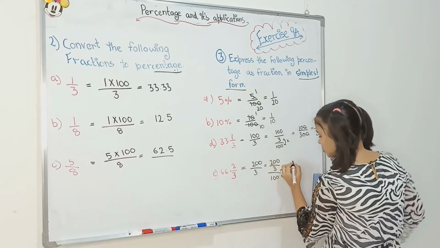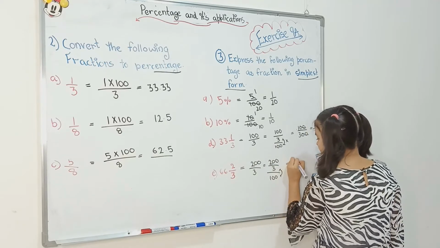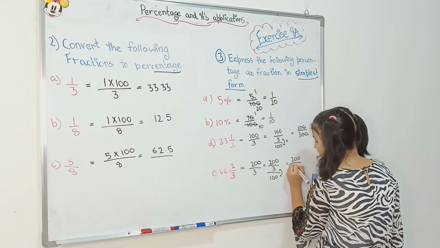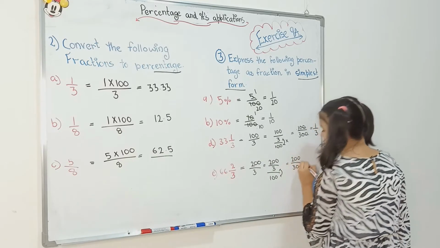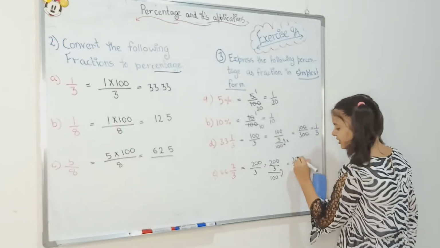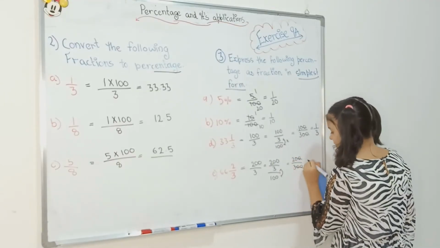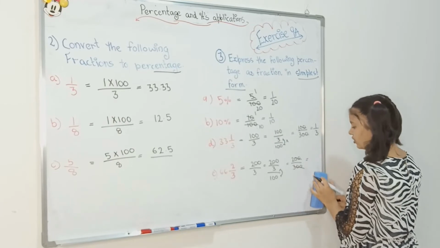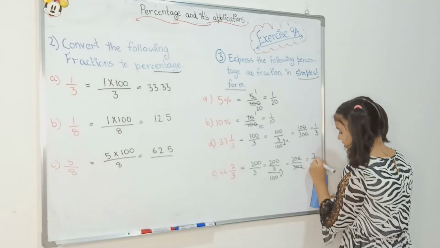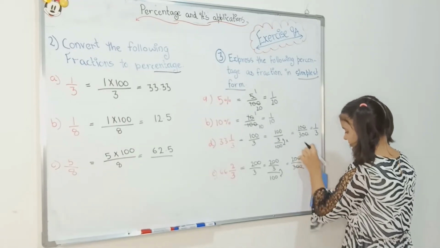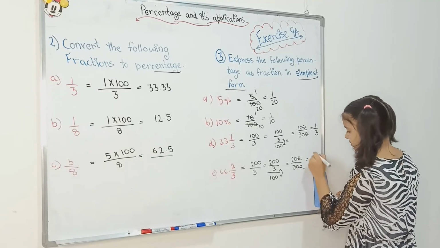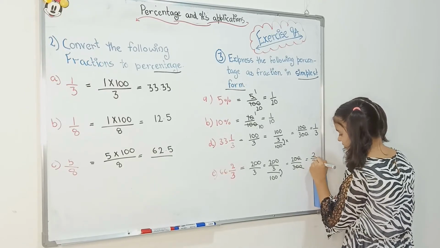So we multiply these two and then our answer would be 200 by 300. Again we got the fraction, so we will bring it in their lowest form. And then our final answer would be 2 by 3.